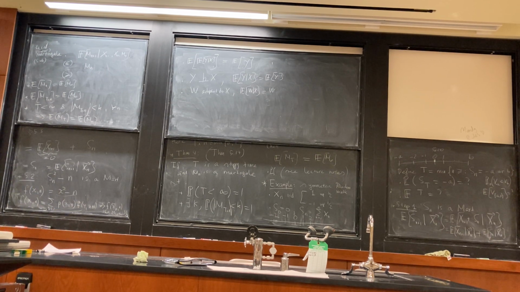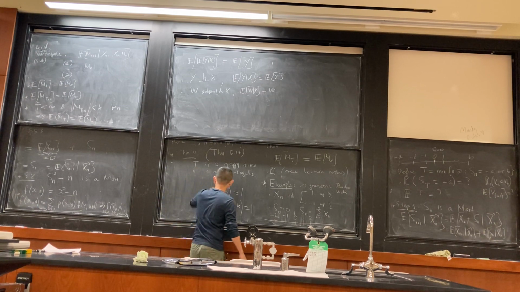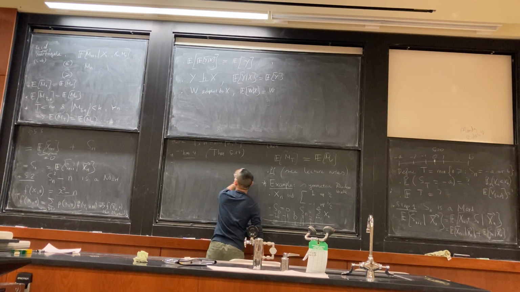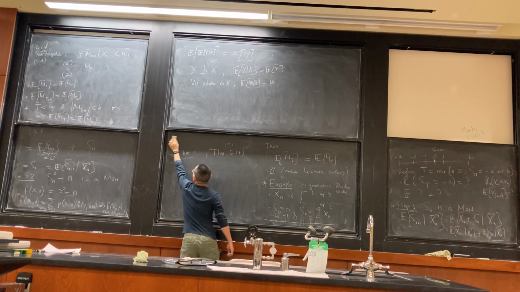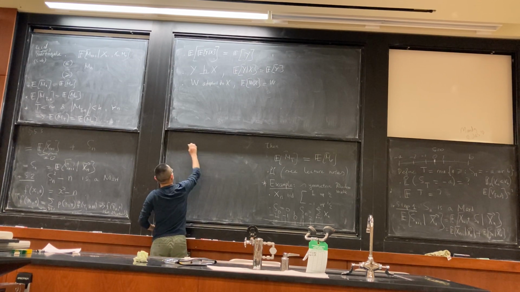Then the conclusion is that f evaluated at Xn is a martingale. It shouldn't be difficult to verify. Let me consider the right-hand side: the summation over y in S of p x y times f of y, n plus 1. Suppose I am at location x.